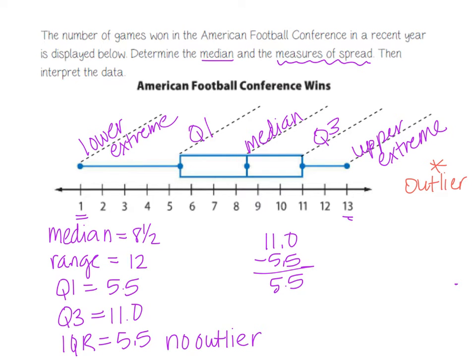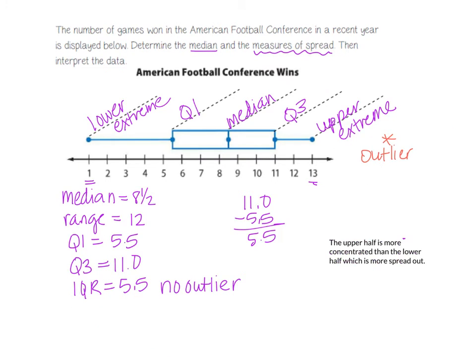All right, so how do we interpret this? Well, if you look at this upper 50%, it is more concentrated than this lower 50%. So that's one of the observations we can make. So I've typed out that the upper half is more concentrated than the lower half, which is more spread out. So we don't know exactly what the scores are. We don't know where they do, but we do know ranges on this.